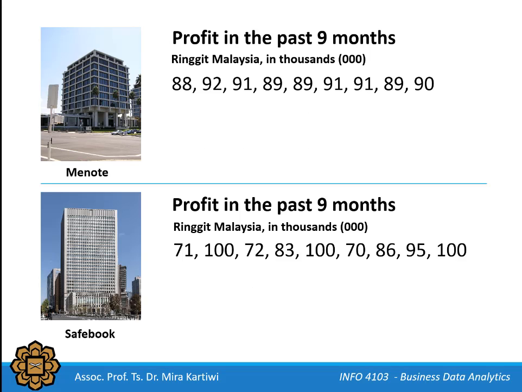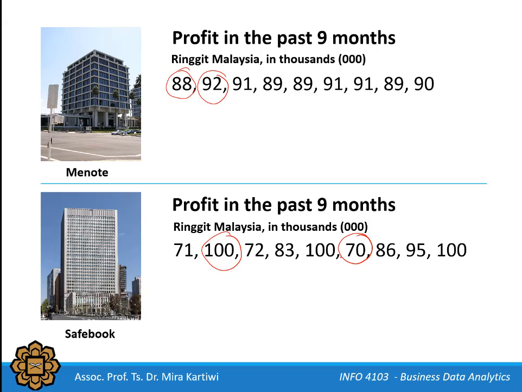Let's have a look again at the profit of both companies in the past 9 months. From here, as we can see, the highest profit for MeNote is 92,000, whereas for SafeBook the highest is 100. Again, let's have a look at MeNote. The lowest is 88,000, whereas for SafeBook, the lowest is 70,000.